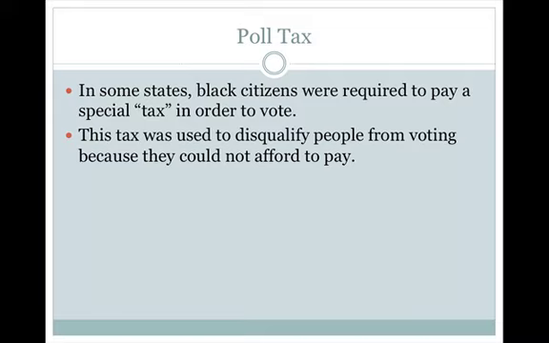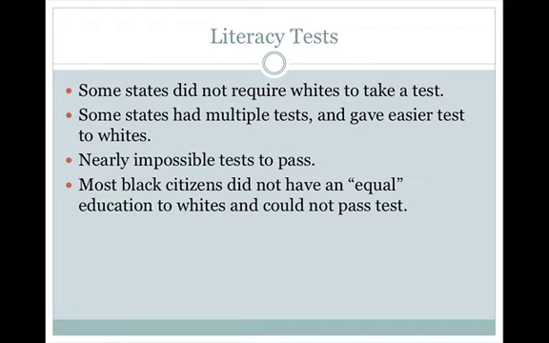If you have to decide whether you want to vote or spend that money on food or housing, whatever it might be, very likely you're not going to spend it on voting. That's what happened. The poll tax was effective in keeping black citizens from exercising their right to vote.